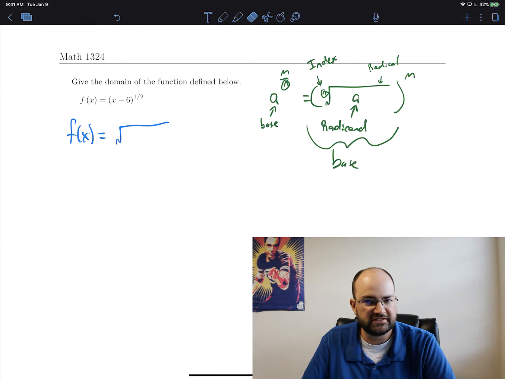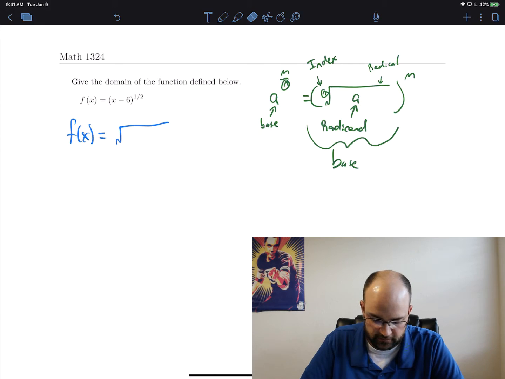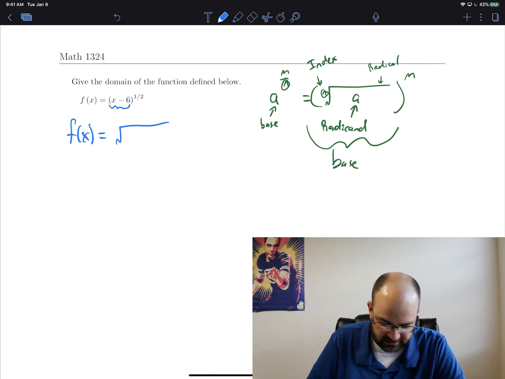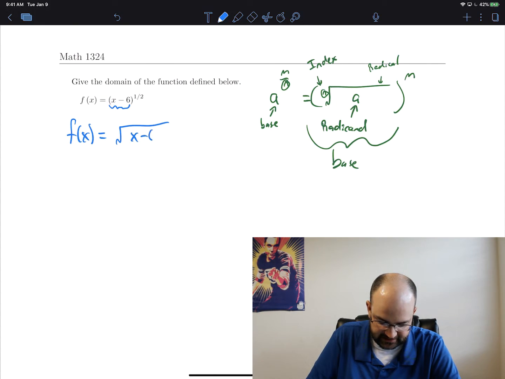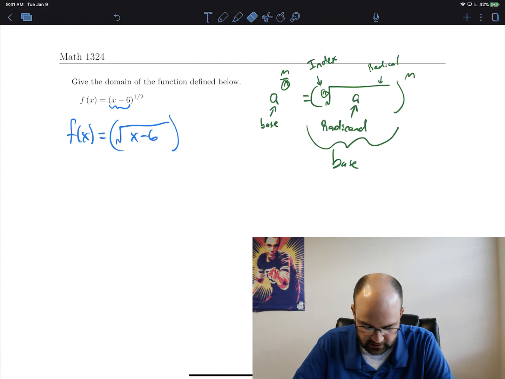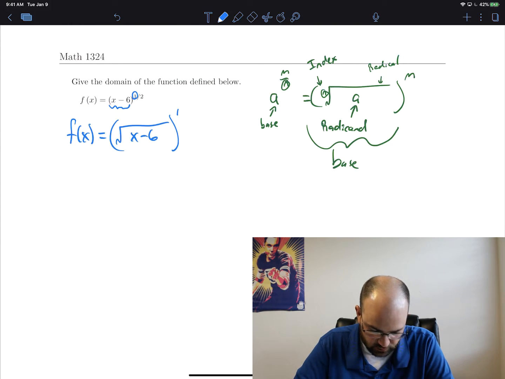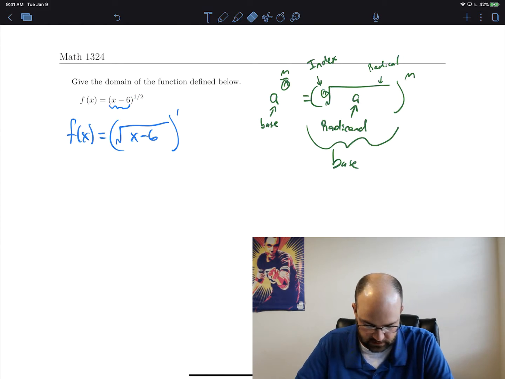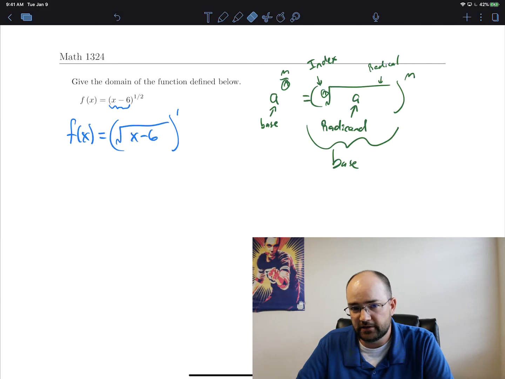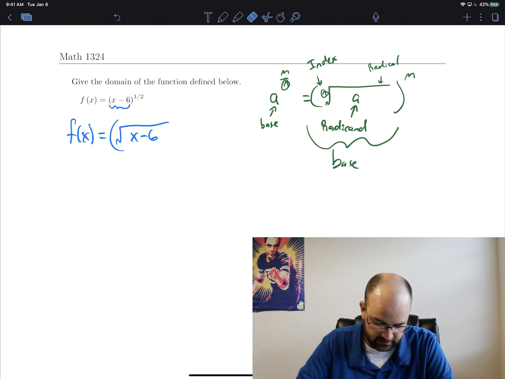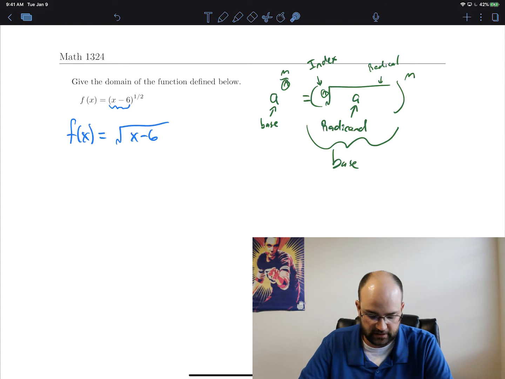So technically this is the square root of whatever the base is, which in this case is x minus 6, and then all of that will be to the first power, because that is the numerator there. But we never really write anything to the first power, so x minus 6 to the 1/2 power just means square root of x minus 6. Good.